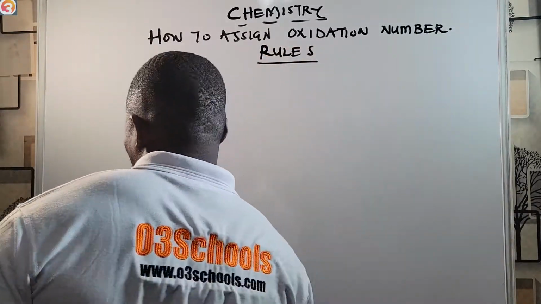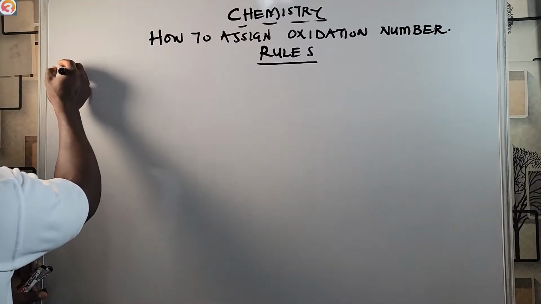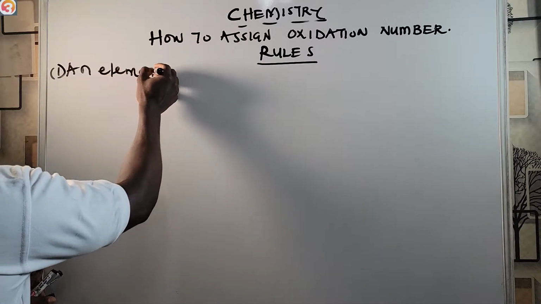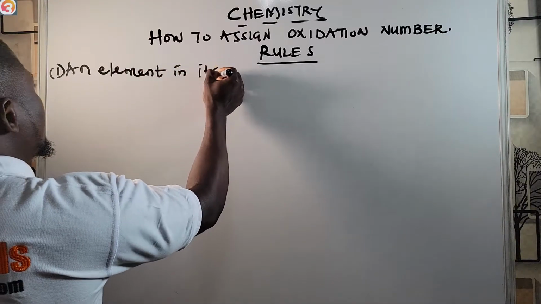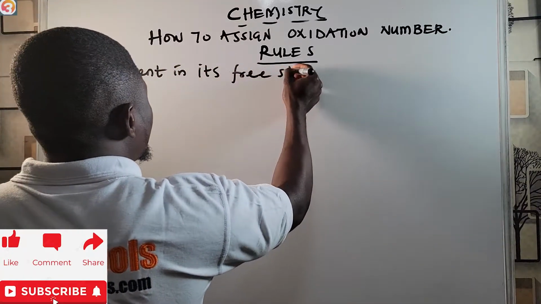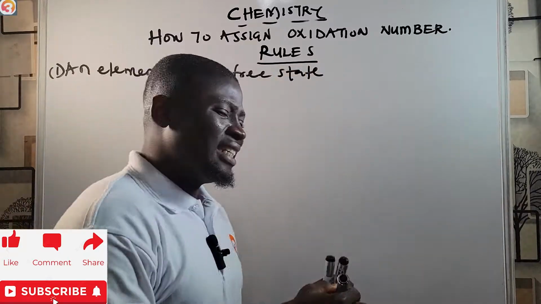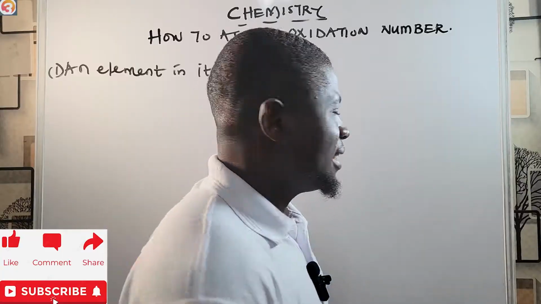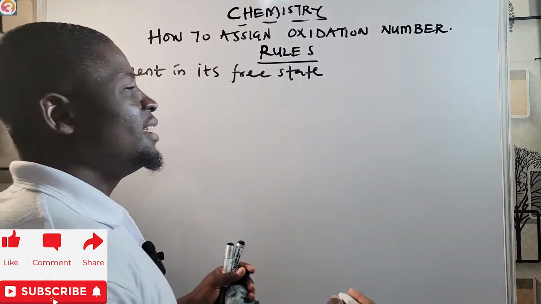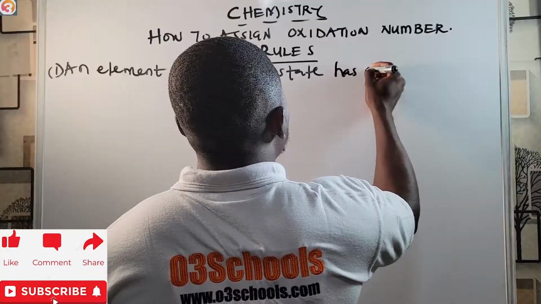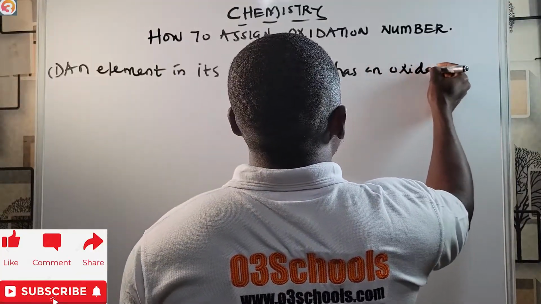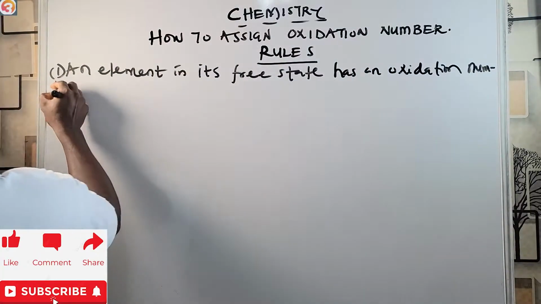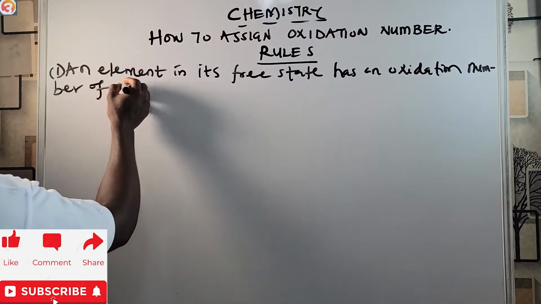Number one, the first rule says an element in its free state, that is, not combined with another element, has an oxidation number of 0.